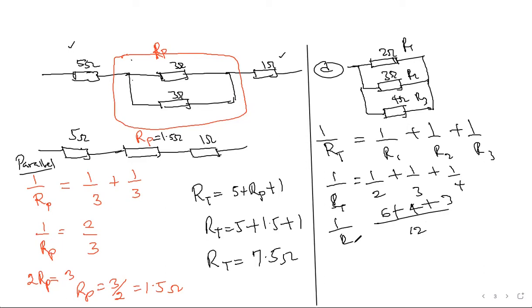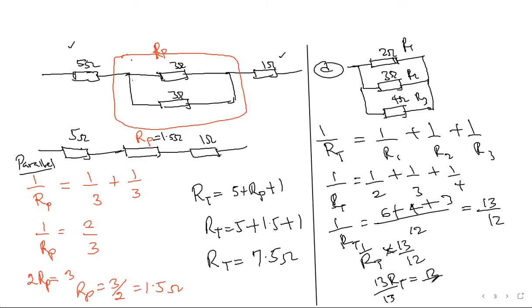So 1 over RT, this will give us 13 over 12. So 1 over RT should be 13 over 12. So the cross multiply, 13 RT will be 12.